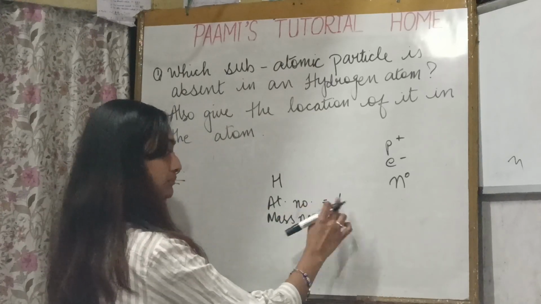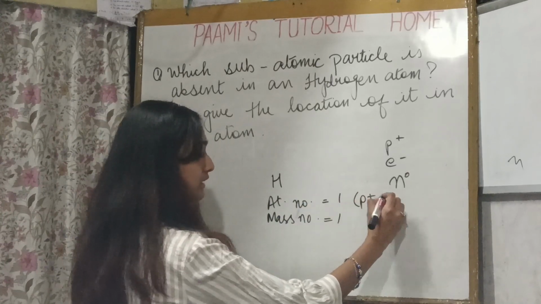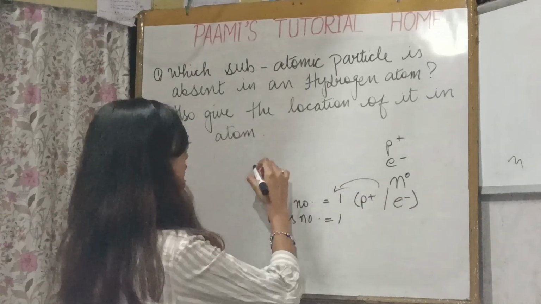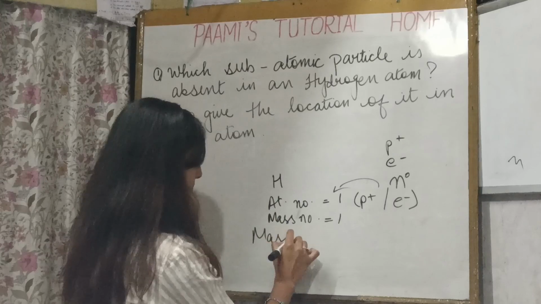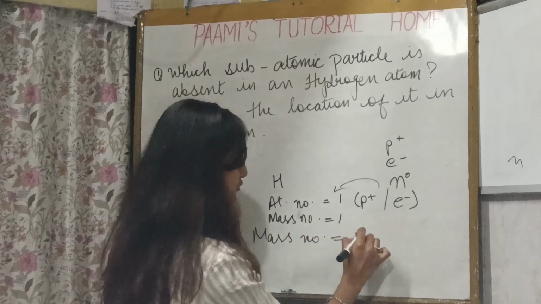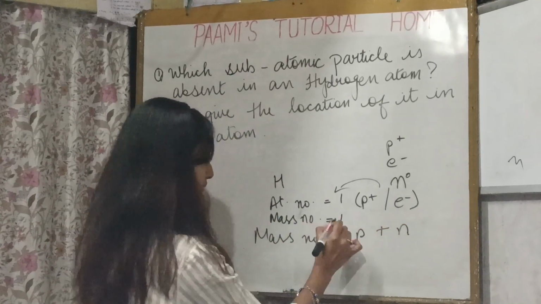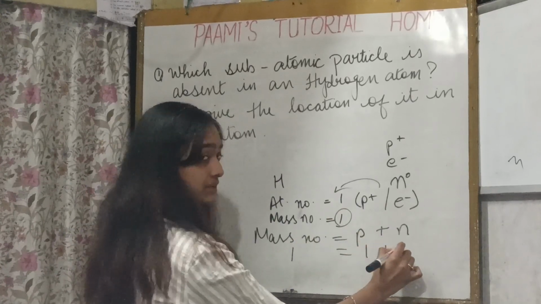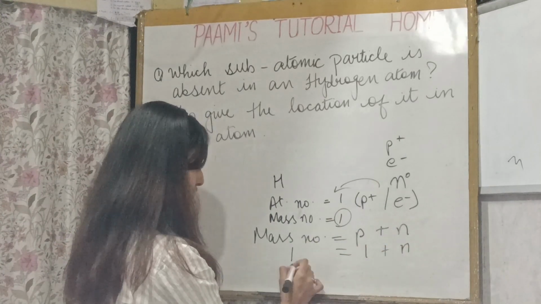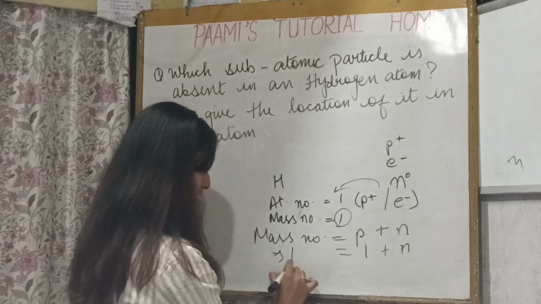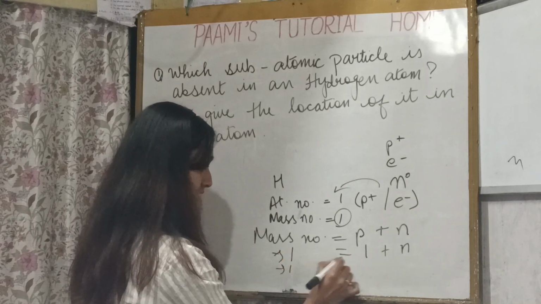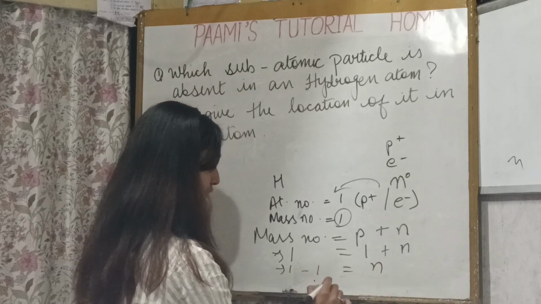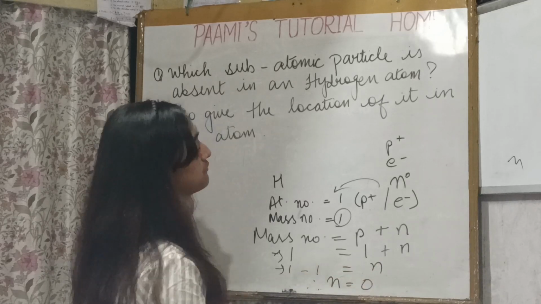And we know atomic number is 1. It means the proton number and the electron number are also 1. Got it? So when we use mass number is equal to proton plus neutron, we know the mass number is 1. And the proton number is 1 plus neutron. So this 1 remains here. This 1 comes here, and becomes minus 1, is equal to n. Therefore, neutron is equal to 0.